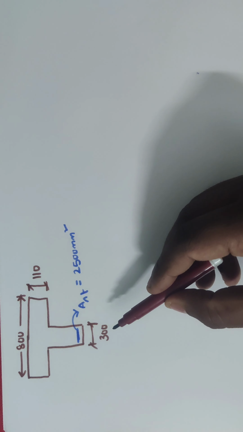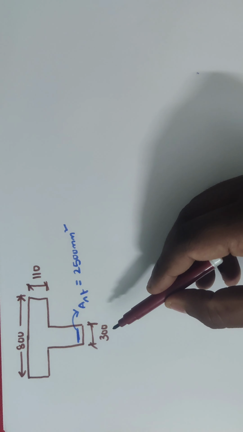FCK 20, breadth is 800, depth of neutral axis we need to determine, that is equal to 0.87 into Fe415 into AST, which is given as 2500. Now from here xu is equal to 156.7.